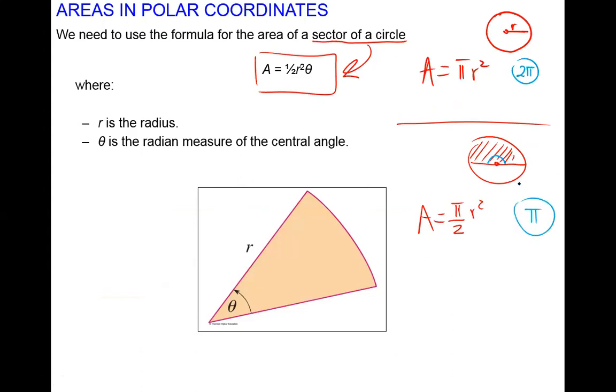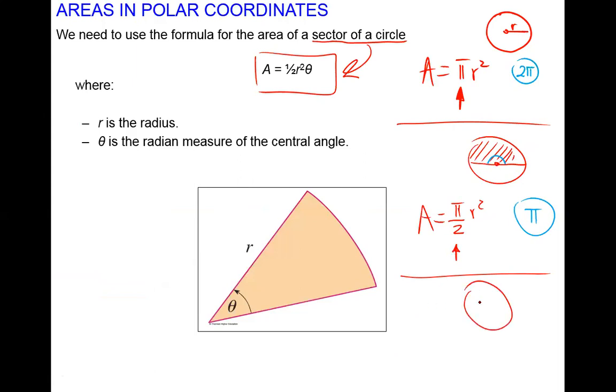That means, let's see what happened. Whatever angle I have, always in the formula it's half of them. That means 2 pi becomes 2 pi over 2. If half of the circle corresponds to pi, in the formula I have half of this.